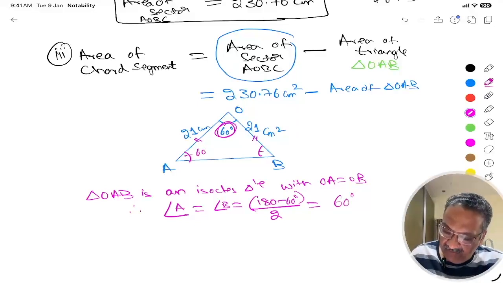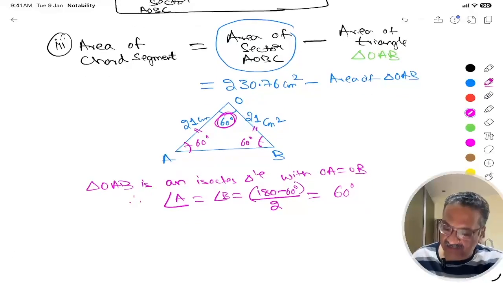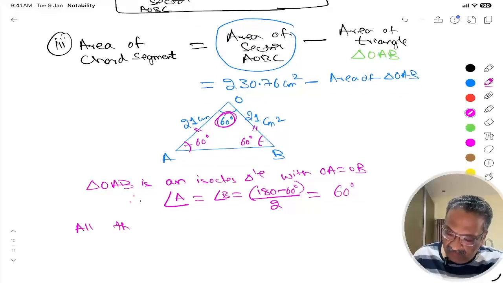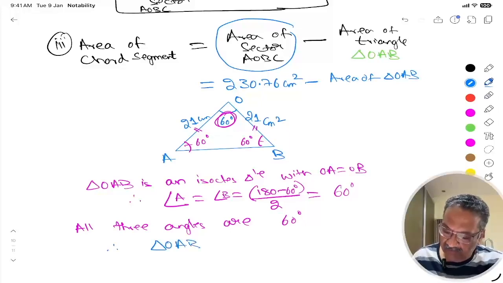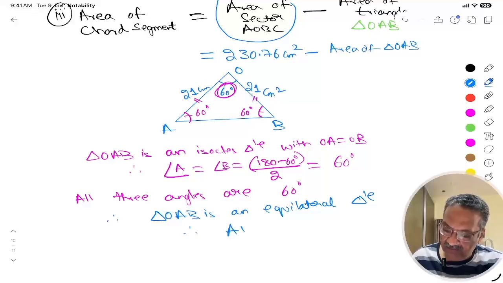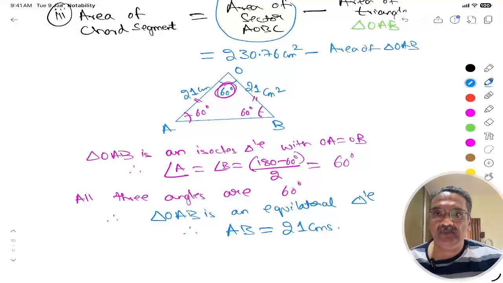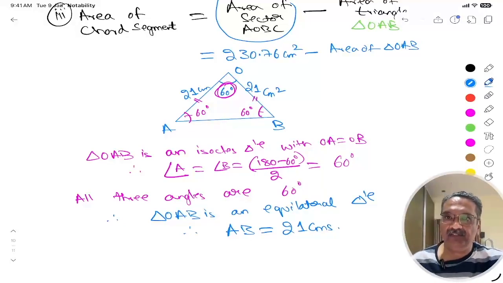Now we find that all three angles are 60 degrees, correct? Therefore, triangle OAB is an equilateral triangle, and therefore distance AB will also be equal to 21 centimeters. In an equilateral triangle all three sides are the same, correct?